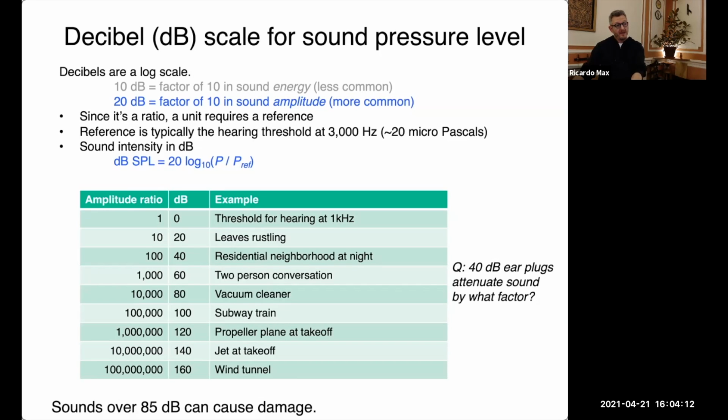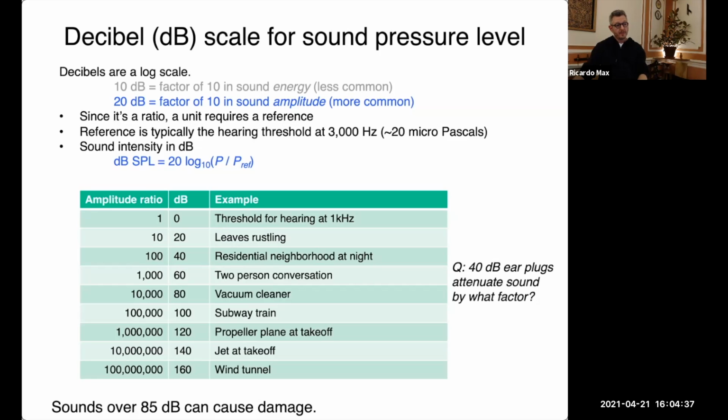So the increase of 10 times a given sound would be the same as increasing 20 decibels. And we can see it here. This is the minimum threshold, 0 decibels. It's 20 times 1, right? So it's 20 decibels for a 10 times increase.